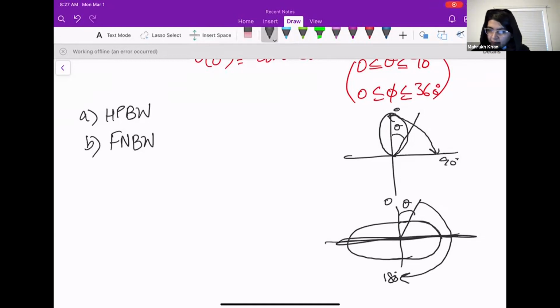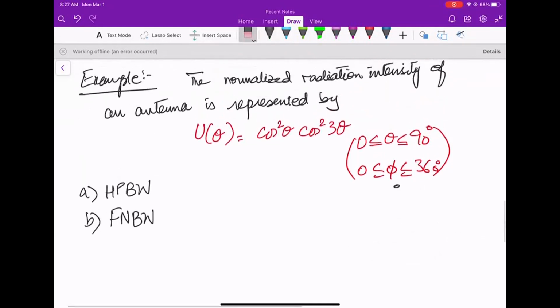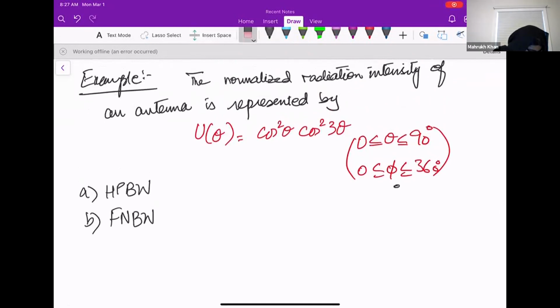Okay, so we want to know the half power beam width and the first null beam width. Let's try the half power beam width first.